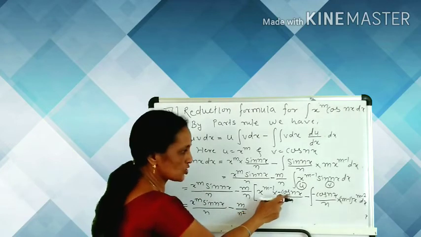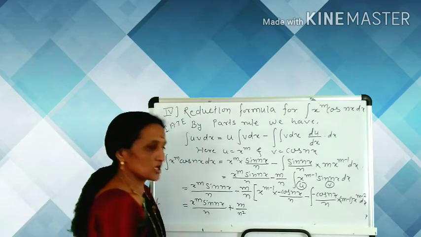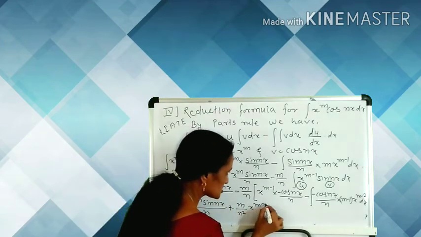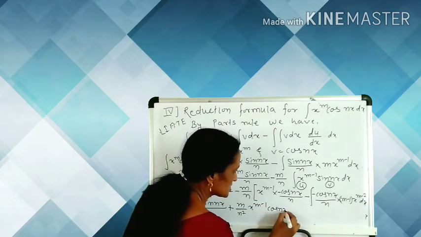But here minus cos nx is present and there is a minus in front, so minus minus is plus, multiplied by x raised to the m minus 1 multiplied by cos nx.